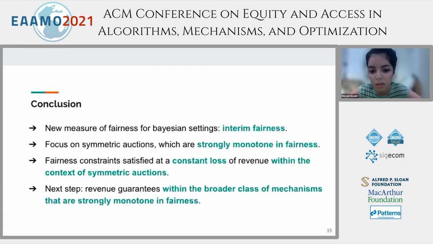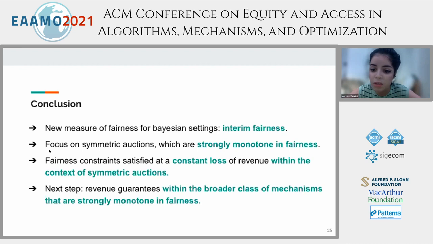We conclude now by recapping what we just saw. We first introduced a new measure of fairness for Bayesian settings, which is interim fairness, which guarantees that things are fair in expectation over the population.